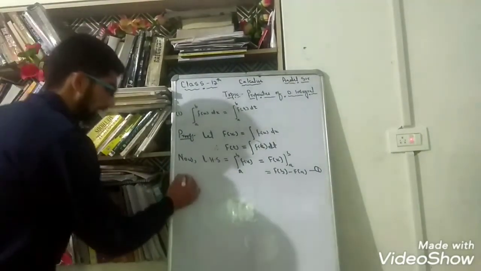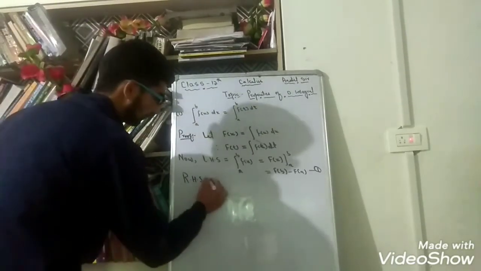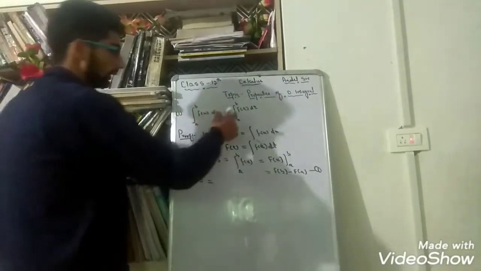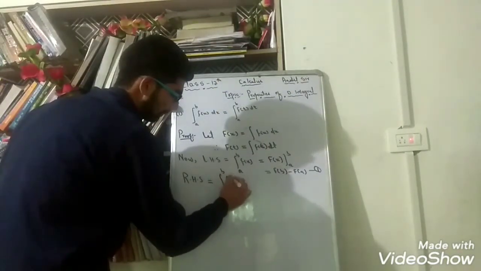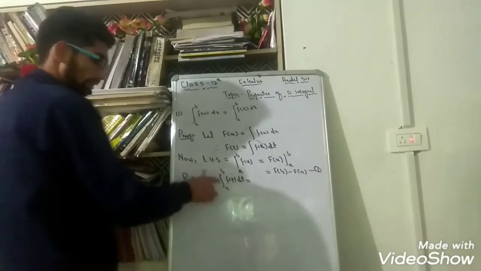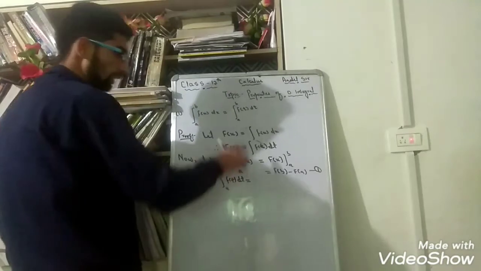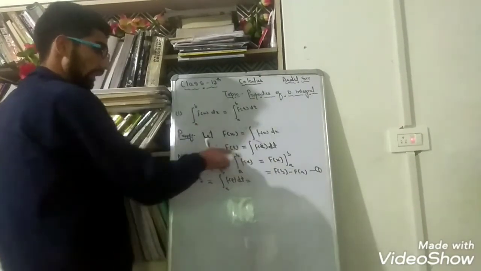Now we will find out what RHS is. We have RHS, that is equal to integral a to b f of t dt. It will be equal to F of t over the interval a to b, because we know that the integral of f of t dt is equal to F of t.